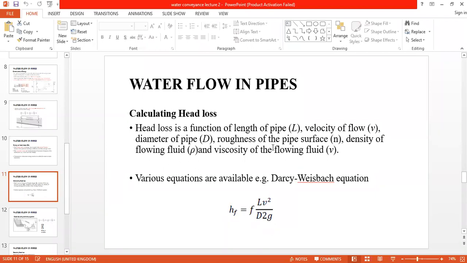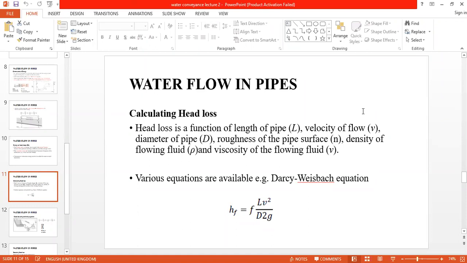So now, for example, if the energy we need to pump water from the source to our farm is 10, then we know that, okay, friction is 2. It means that if we apply 10, only 8 will be used to push that water. The other 2 will be lost in the system.